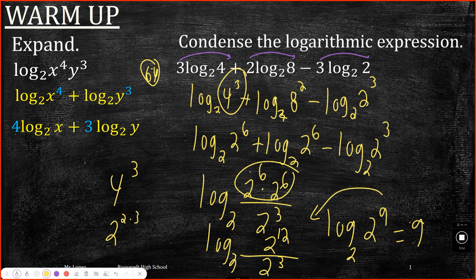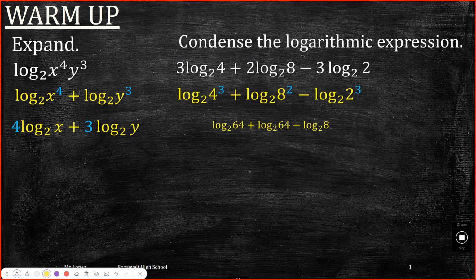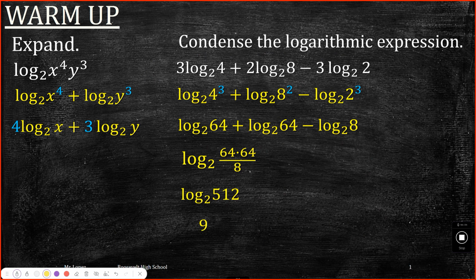Yep, when you multiply, you add powers. 6 and 6 is 12, 2 to the 12. All right, that's one way of doing it. What you could do is actually work them out and multiply them out and all this and that. But I'm just using the properties of logs for that.